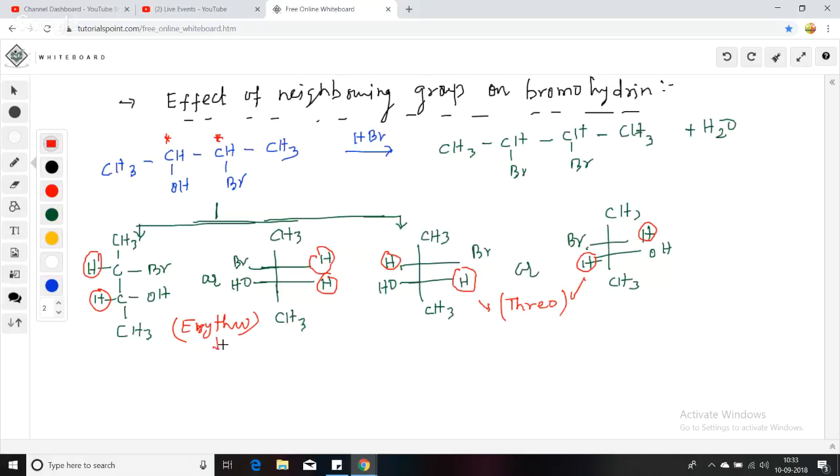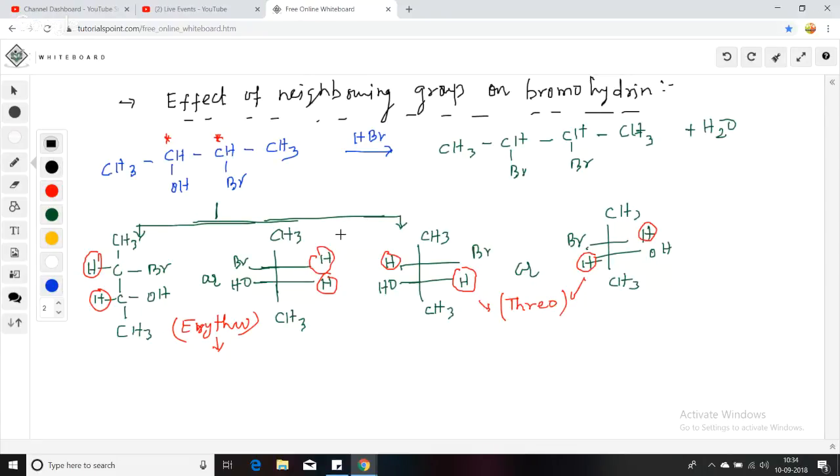Instead of this OH, we'll get Br here. I don't have space in the product, so I am just trying to make you understand from this compound only. You see, in the product, instead of OH we have Br. That is the only change we have here, right? And this reactant may have either this structure or this structure.